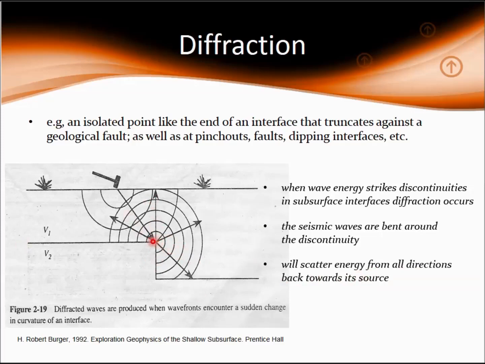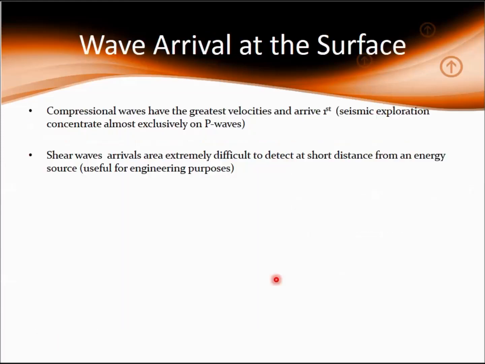This point is considered a new source, obeying Huygens' principle. So this is the first source, and when it hits the discontinuity, it will produce a secondary source that goes in many directions, upward and downward.